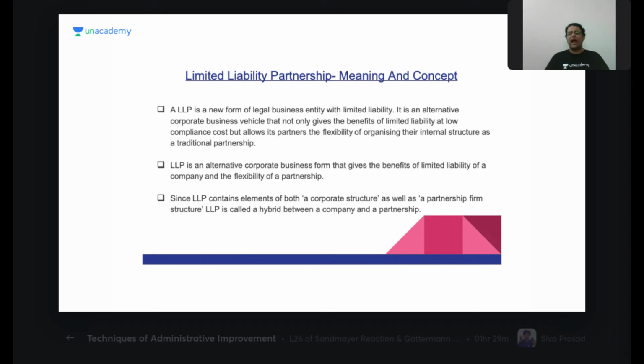Now, just a little bit more information. The LLP Act came into existence in 2008, but this concept is not new. Earlier, there was a concept called LLC, Limited Liability Corporations, which was present in the United States of America. It also combined the features of a partnership with limited liability, and an entity called LLC was started in the United States.